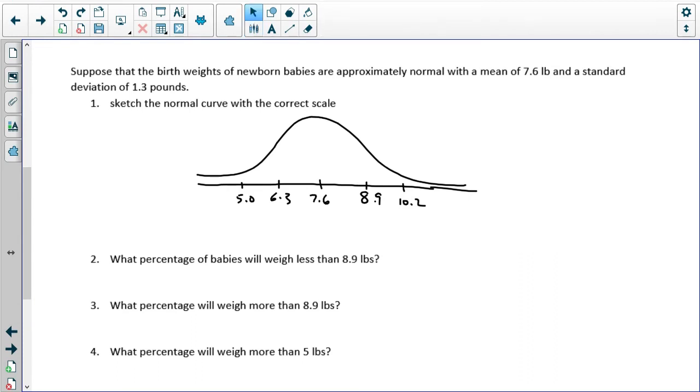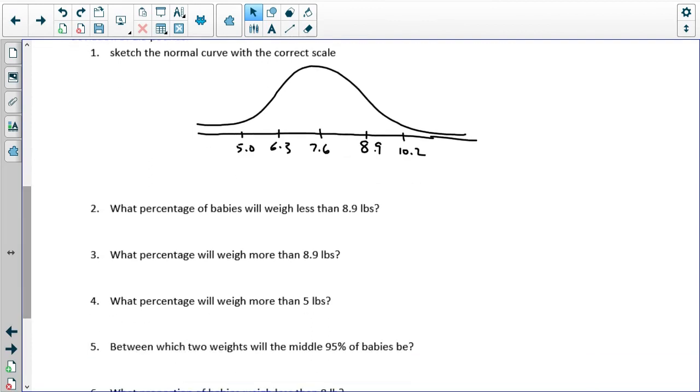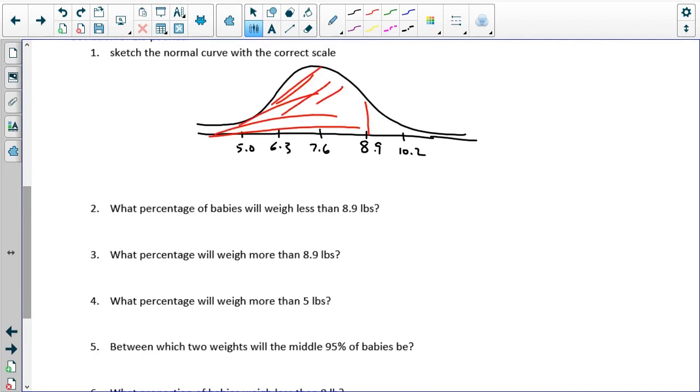What percentage of babies will weigh less than 8.9 pounds? If I'm looking at this, that is everything to the left of one standard deviation. And so I know that this is 68%, and this all the way over is 50%.